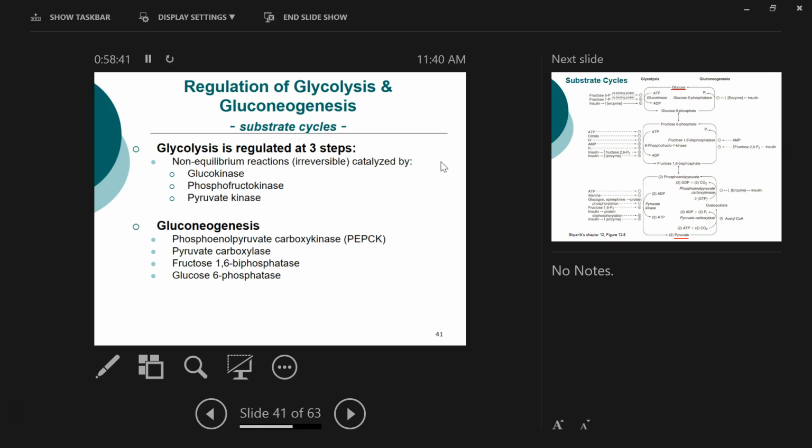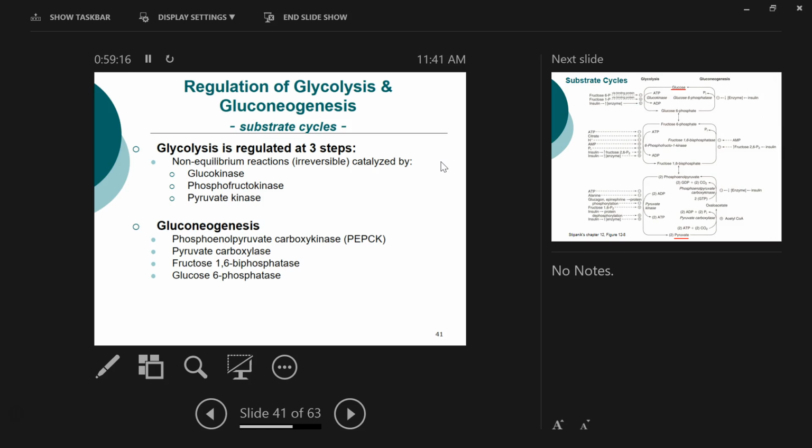Glycolysis, if you still remember, we talked about the 3 key rate-limiting reactions in the glycolysis pathway, catalyzed by the 3 enzymes glucokinase or hexokinase, phosphofructokinase, and pyruvate kinase. And these 3 key reactions in glycolysis are irreversible, right? They cannot go in the opposite direction.